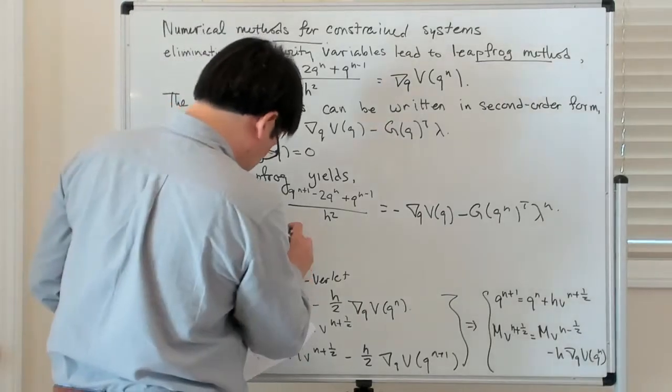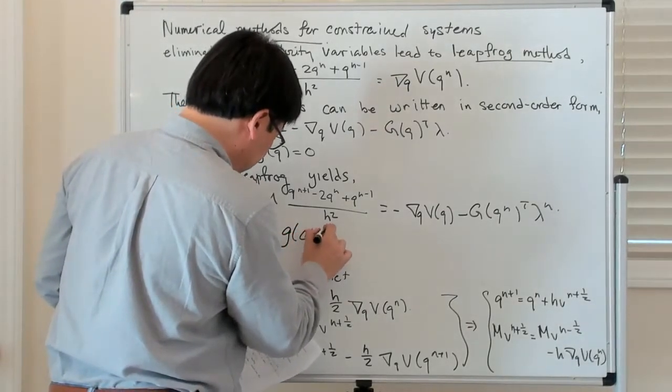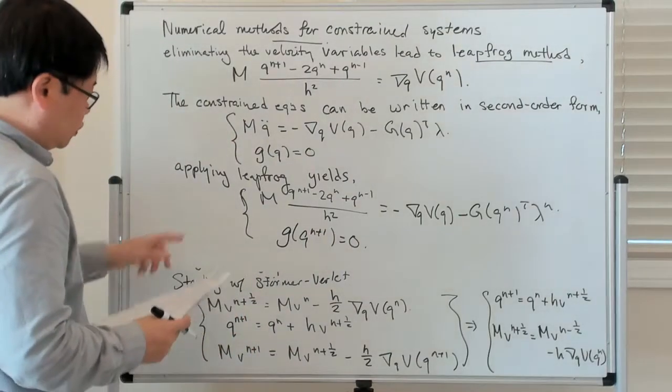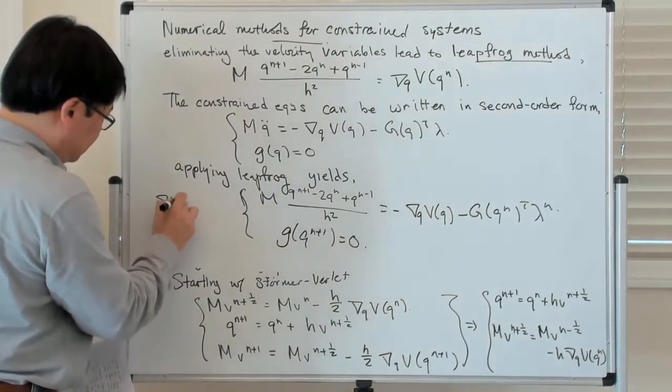And then g at q^{n+1} is equal to 0. This is called the shake discretization.